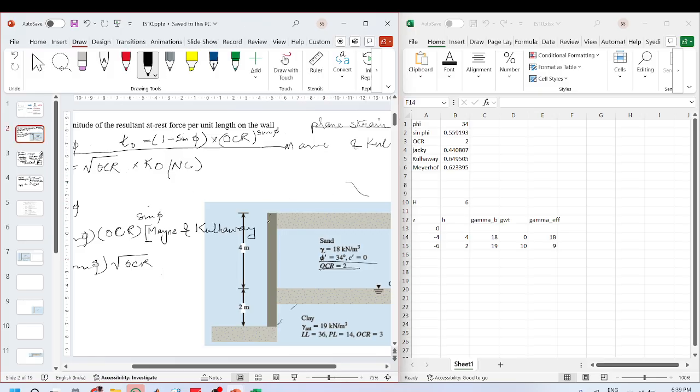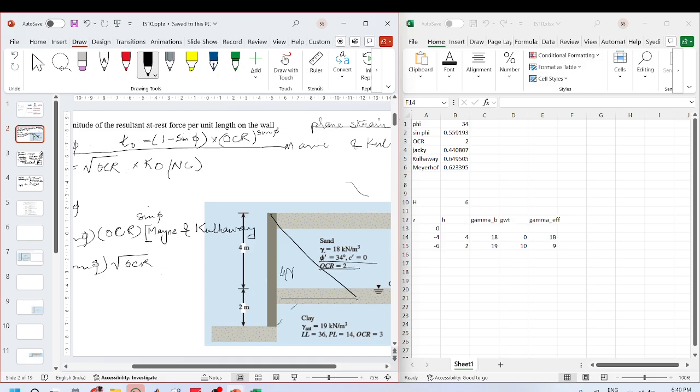Okay, so we will have a distribution like this. This does not have any water table, so this will be just gamma times H, which is 4.